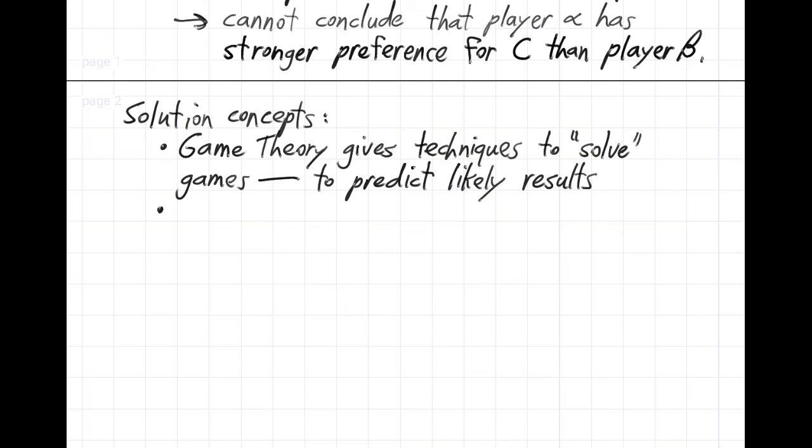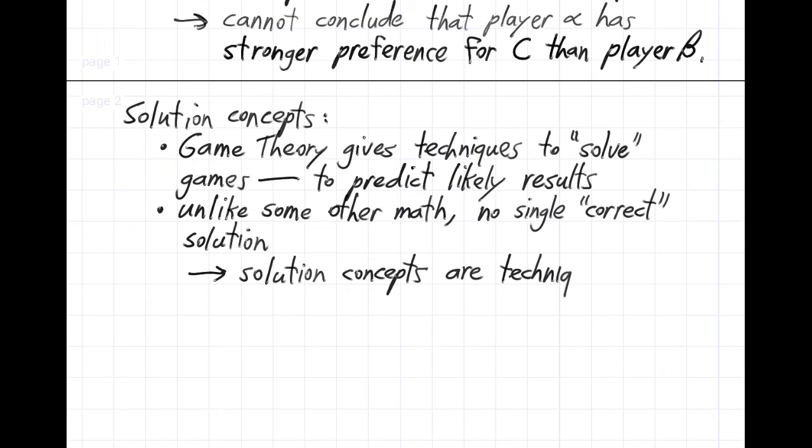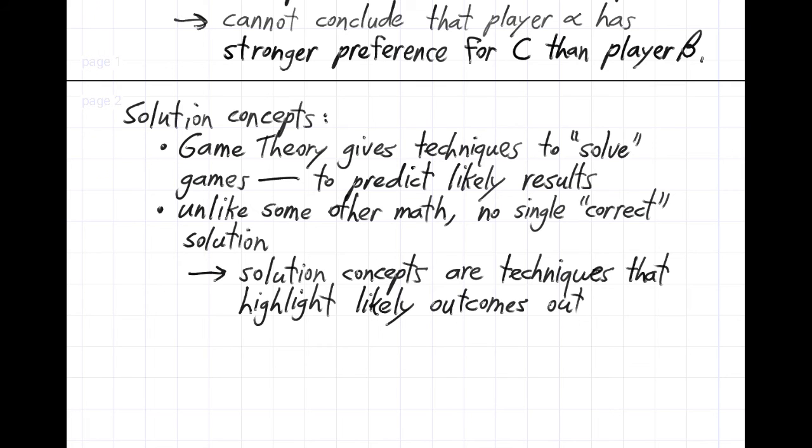But in game theory, it doesn't work like that. There is no single correct solution. And these solution concepts are techniques that highlight likely outcomes out of all the possibilities.